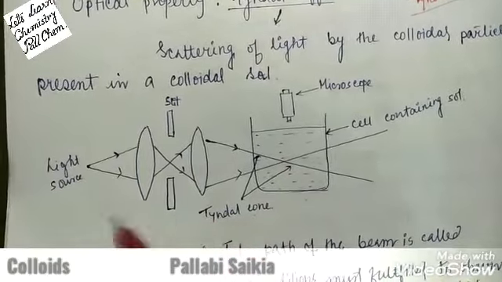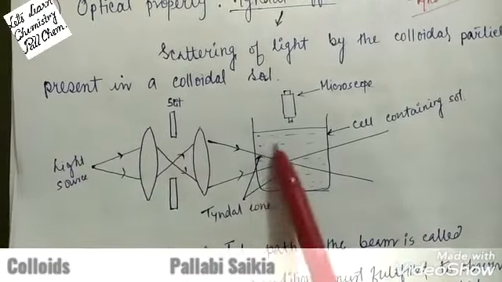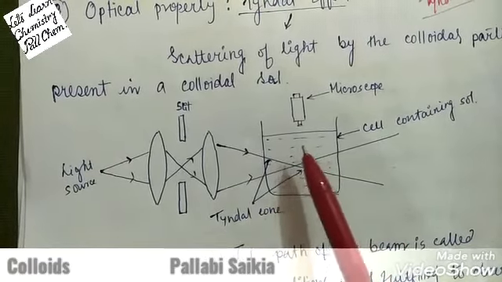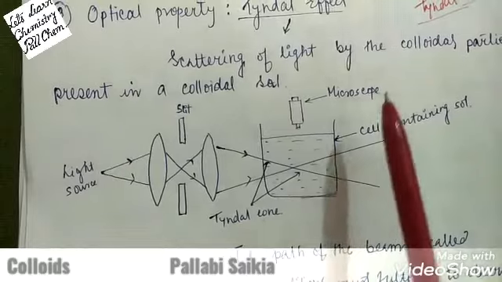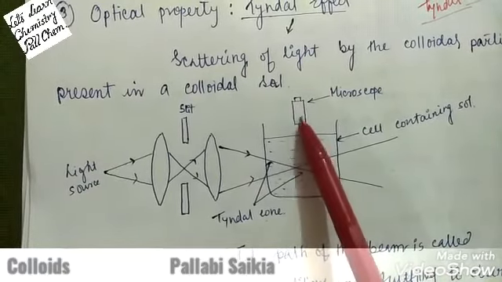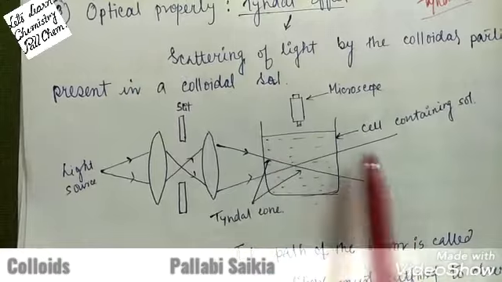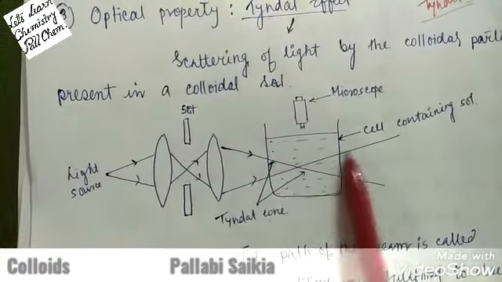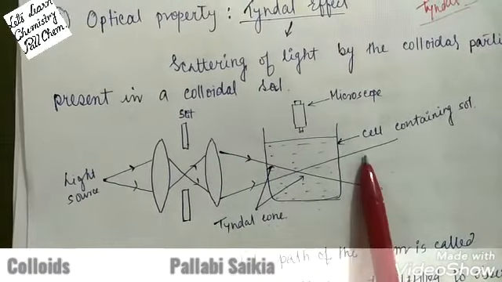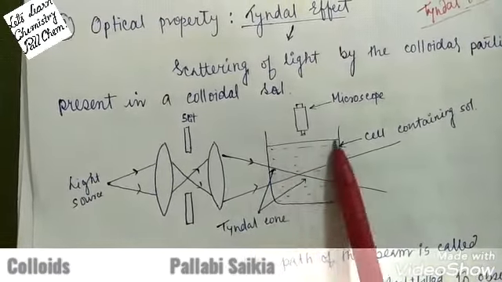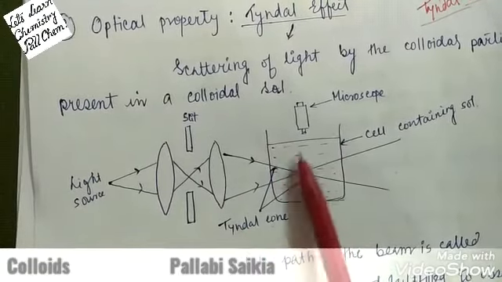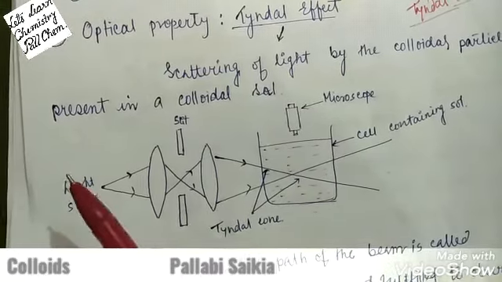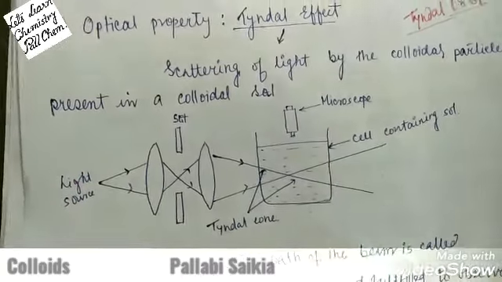When a strong beam of light is passed through a colloidal solution, and we observe through a microscope perpendicular to the path of the light, then we will see the illumination of blue light. This is because the colloidal particles scatter the light, and hence we are seeing the blue illumination.